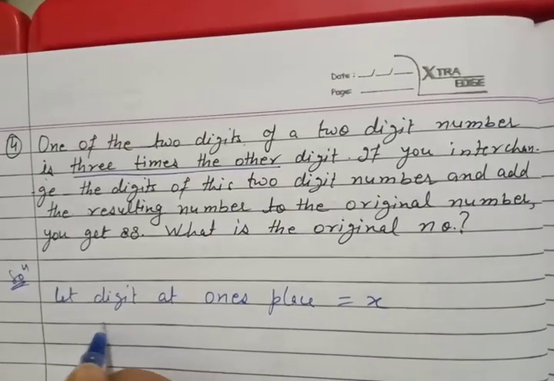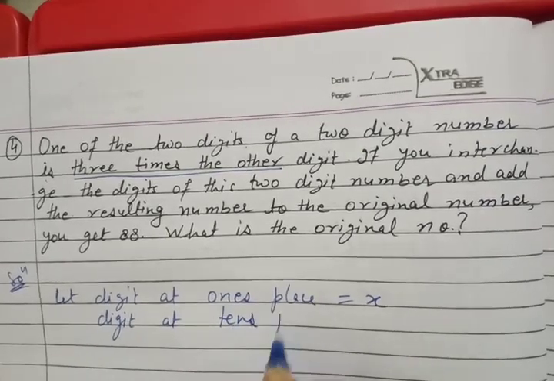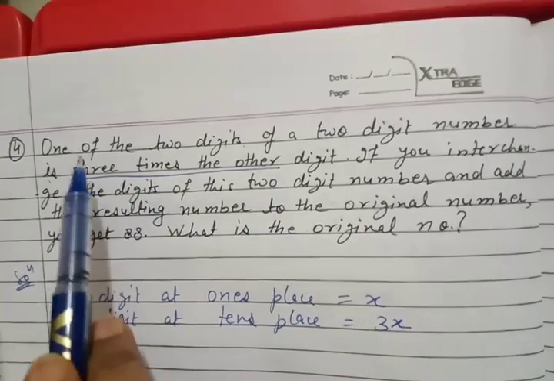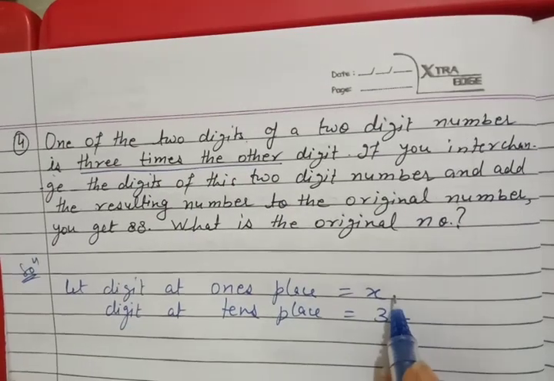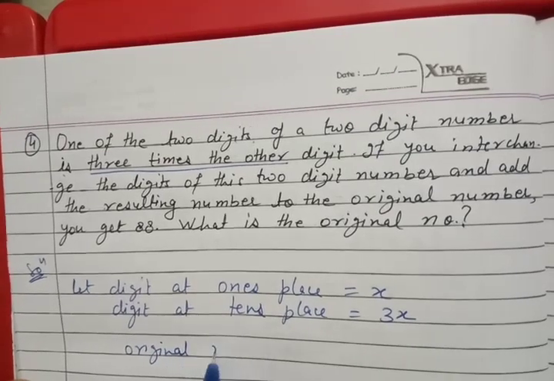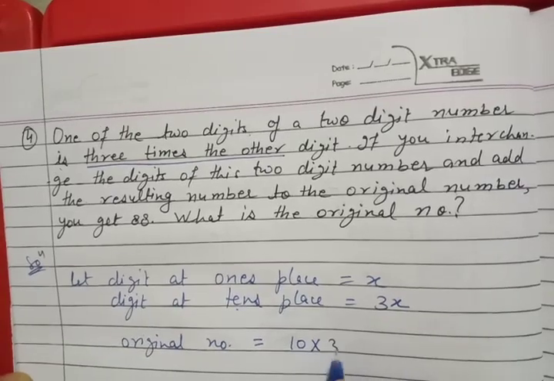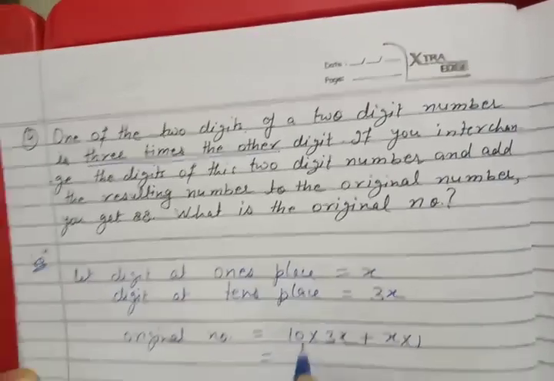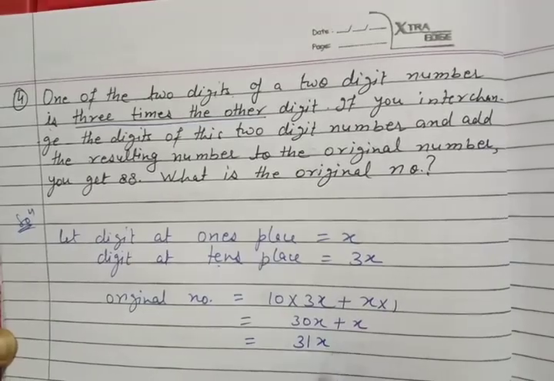So digit at tens place is equal to 3x, because it is written one of the two digits is 3 times the other. So if ones place is x, tens place is 3x, and we know how to write the original number, as we just learnt. If it is tens, then multiply with 10. If it is ones, then multiply it with 1 and put the addition sign. This is 30x plus x, which is equal to 31x.